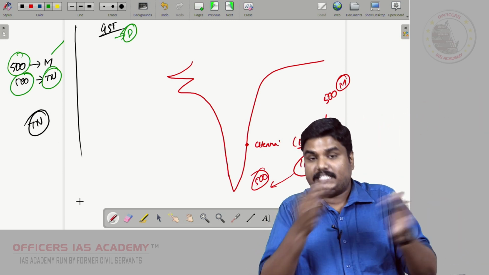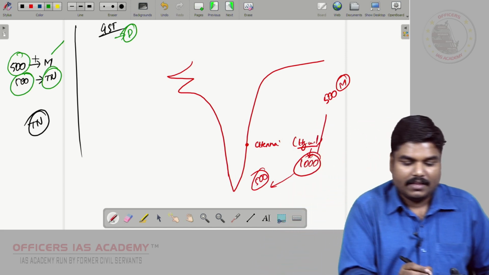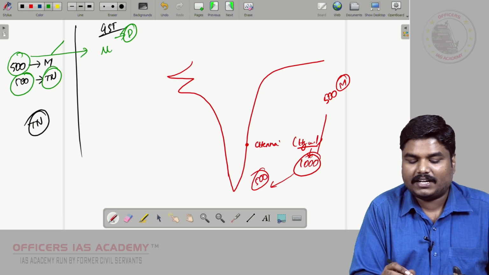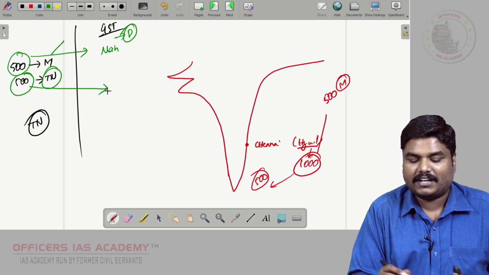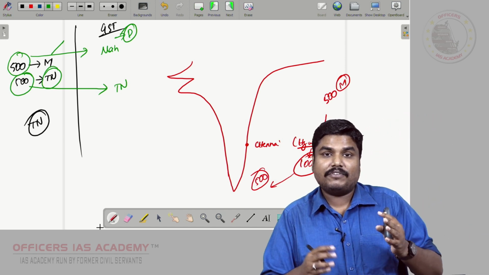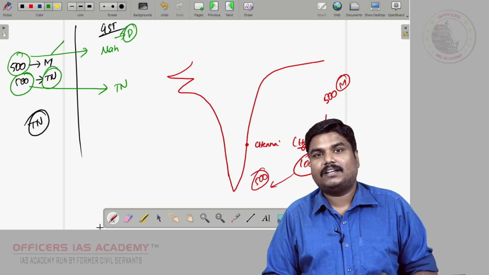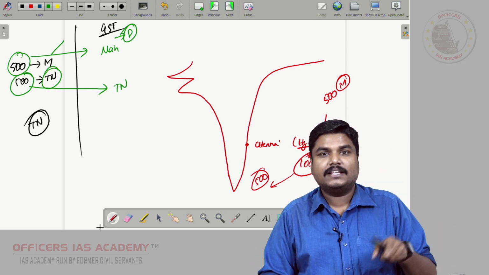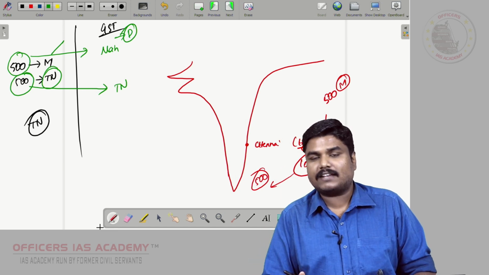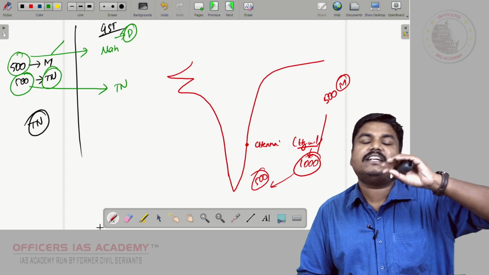So, in the GST regime, it is a destination based tax. So, the tax revenue for 500 cars will go to Maharashtra, and for another 500 cars will come to Tamil Nadu. But what was the previous case? The tax revenue for all the 1000 cars was coming to Tamil Nadu government, origin based taxation. But now GST is destination based taxation, because of where the car is finally consumed.